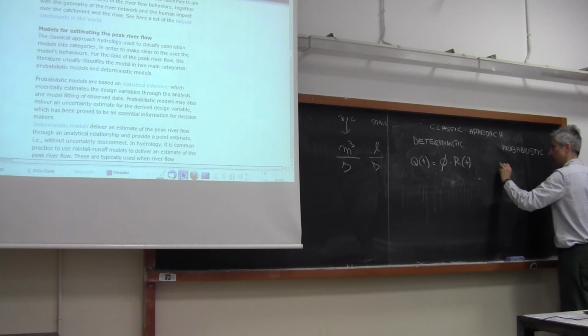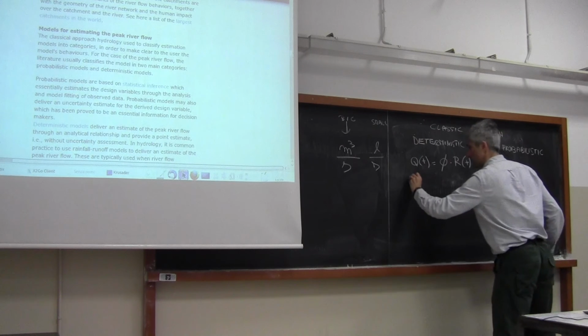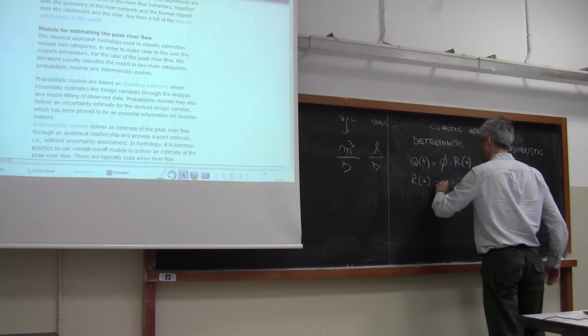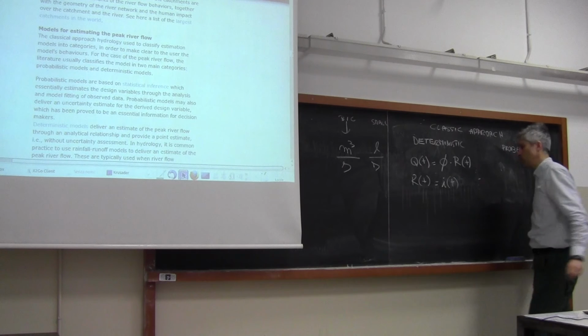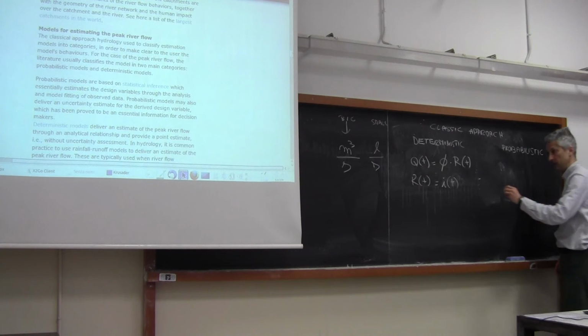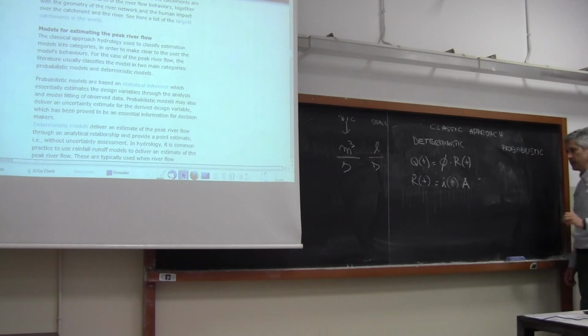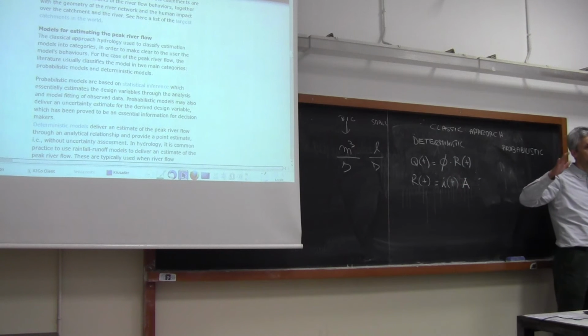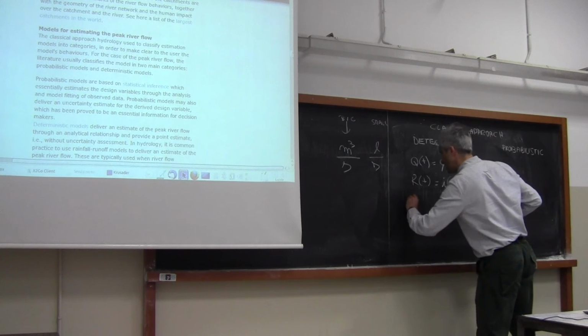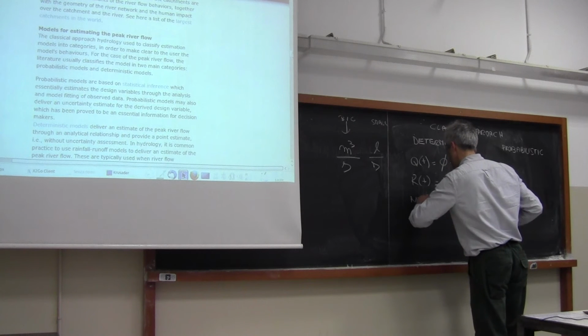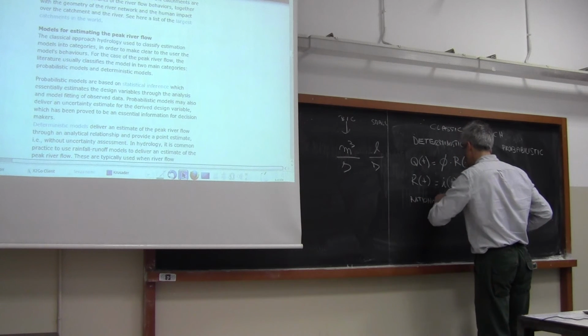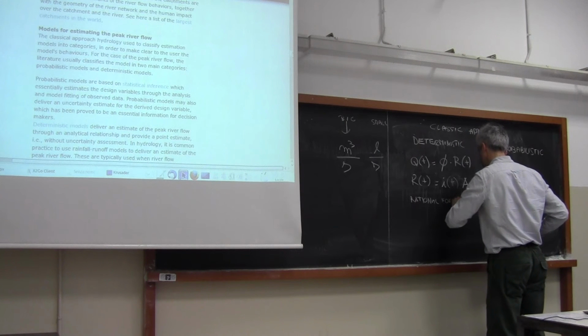So basically Rt is rainfall intensity, let's call it It, times the area of the catchment. So this is a model that is widely used, and it's called the rational formula. We will talk about this model later.